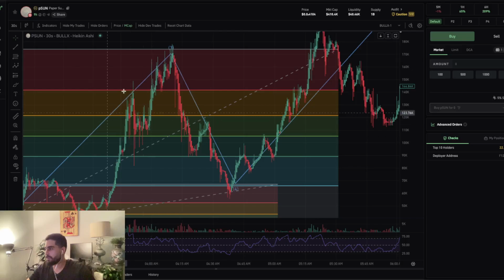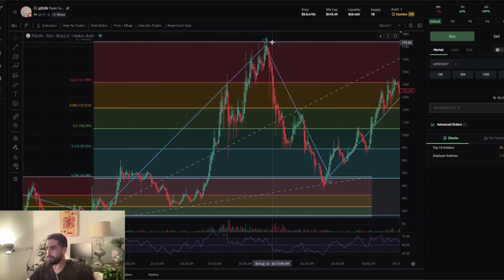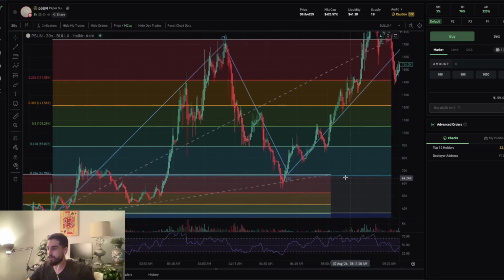The next wave pushed, wave 3 pushed all the way up to here, 173. Once it came down, it retested the 0.618, and then it sold off again, and then it retested the 0.78, and it held. This would be your other trade. In here, I'm not interested in wave 2 or wave 4, which is a correction wave.